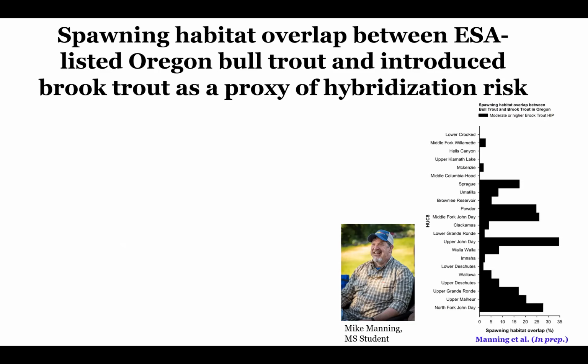Then we create this idea using an idea from risk management related to the probability of overlap between the two spawning habitats for the two species in cases where the introduced species is present, or in cases where the introduced species is absent but could be present in the future. So we can create this risk map analysis at different levels.